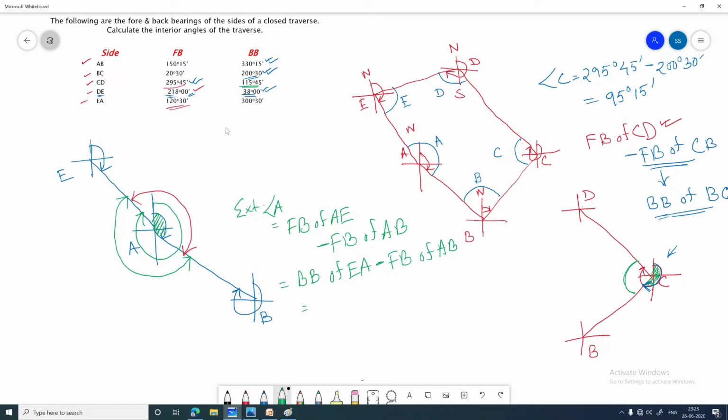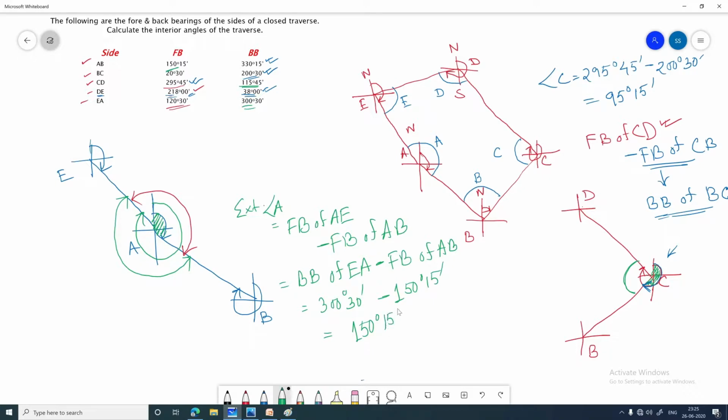Backbearing of EA is 300 degree 30 minutes, minus forebearing of AB, which is 150 degree 15 minutes. So what will be the value of the exterior angle A? That is 150 degree 15 minutes.